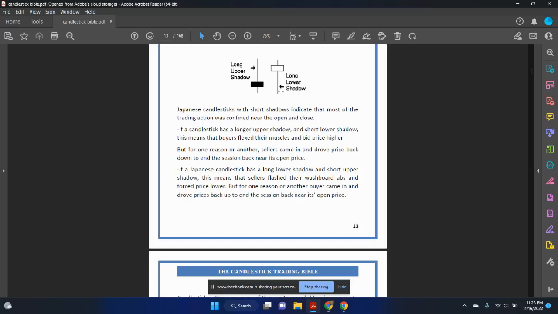But for one reason or another, buyers came in and drove prices back up to end the session near its open price. So basically, if it was a long upper shadow, price came all the way up here, but our sellers pushed us down here. If we have a long lower shadow, first it went down. The sellers thought they were doing something, but then that big old buyer came and pushed it all the way back up here.